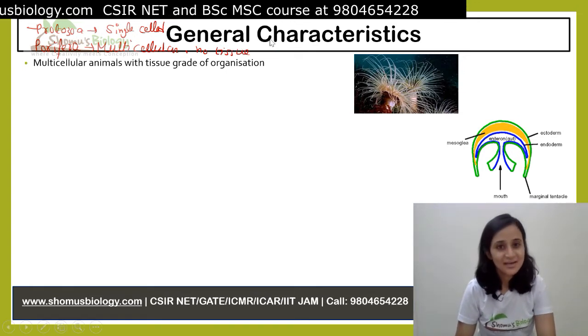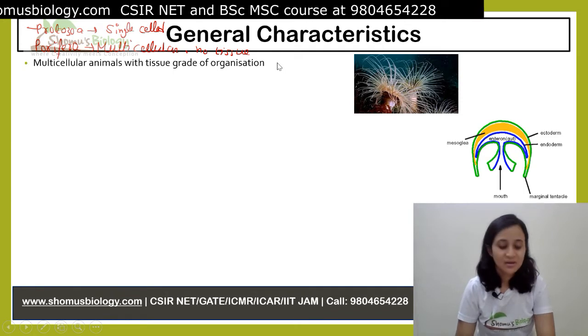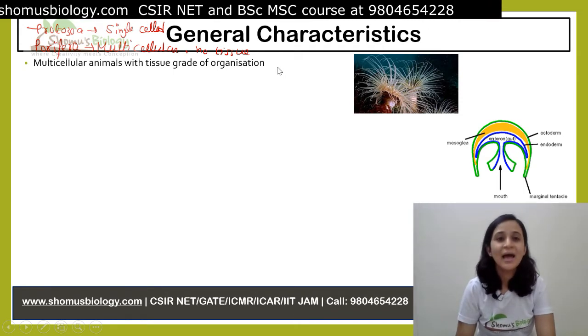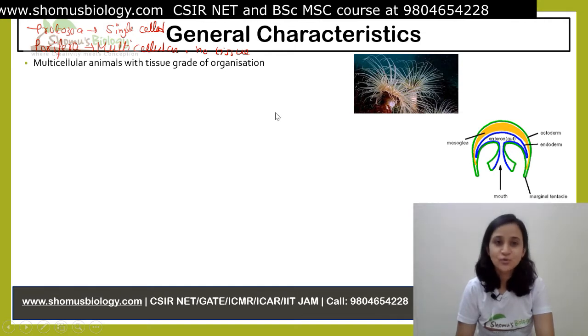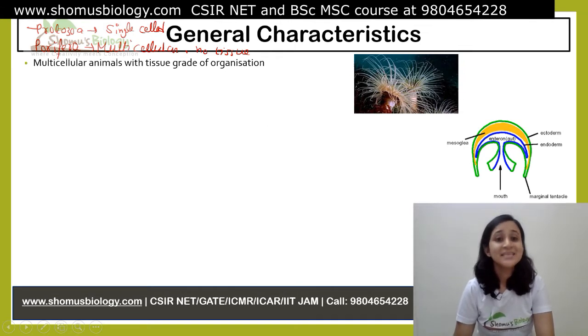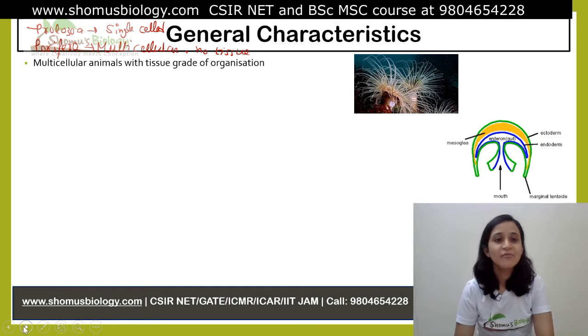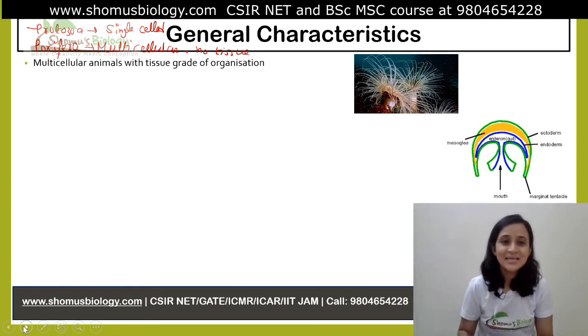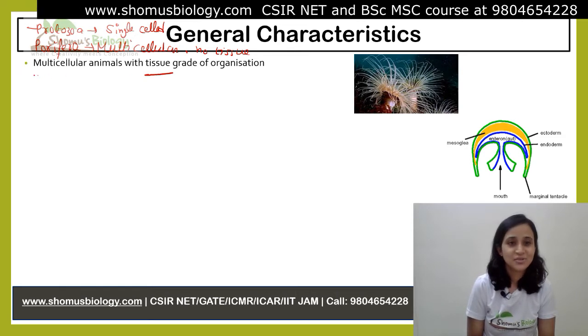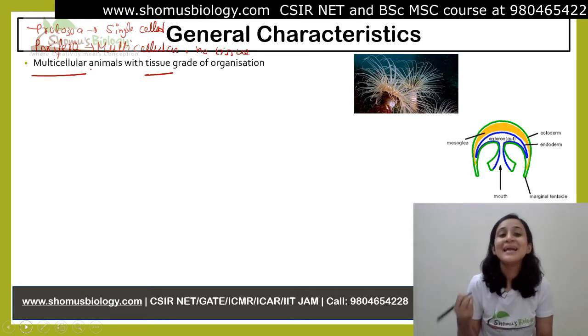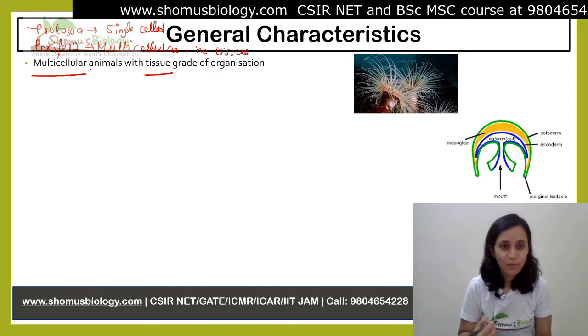Sponge represents the phylum, and we have seen that they don't have any tissue, although they are multicellular. But in case of Cnidaria, we will see that they are multicellular animals, but they have tissue grade of organization. So it is a little bit more developed than Protozoa and Porifera.